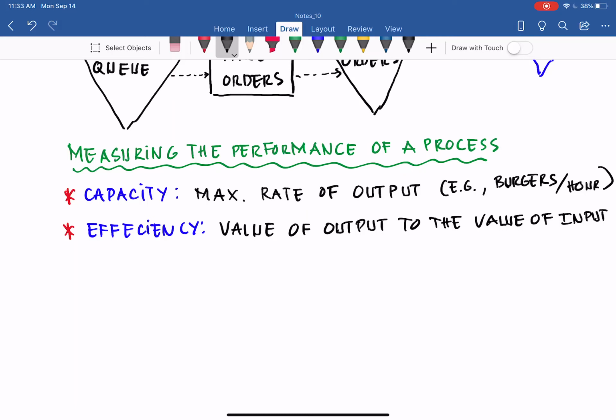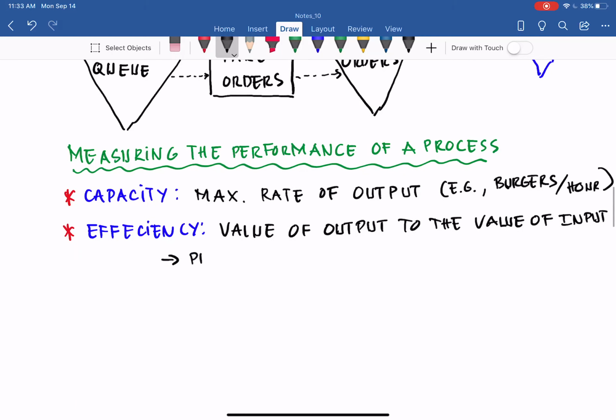Sometimes it can be related to the concept of profitability, or it can be utilization. So all of these are related concepts.